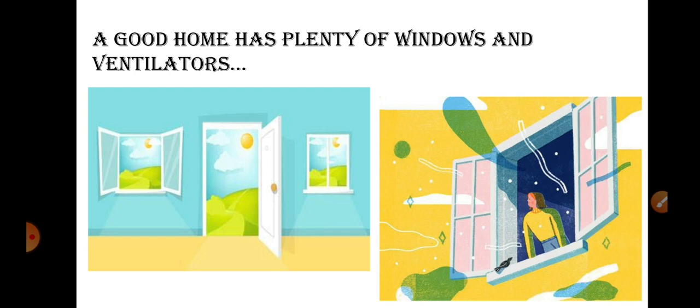Before a house is made, it is said that there should be a lot of windows and doors. So this is the reason why we keep doors and windows in our home.